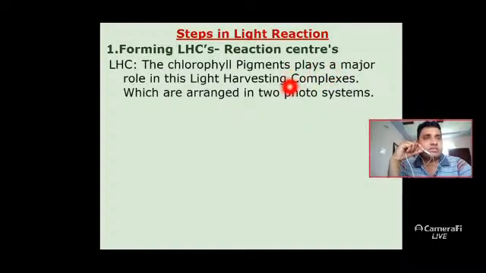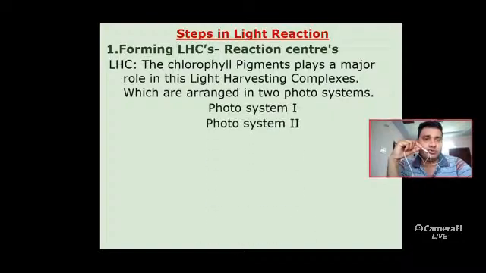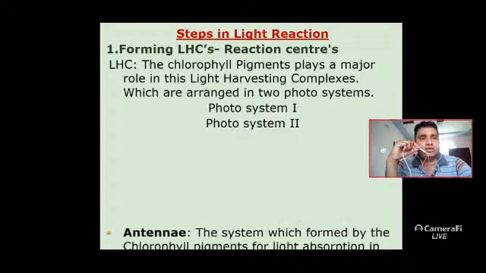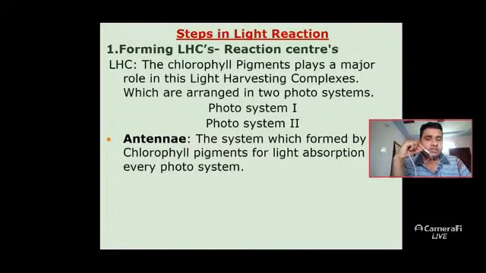So these light harvesting complexes are two. We can see two types of light harvesting complexes in this light reaction. These are called photosystems: photosystem 1 and photosystem 2. Photosystem 1 means the light harvesting at a wavelength of 680 nanometers. 680 nanometers is about red color.